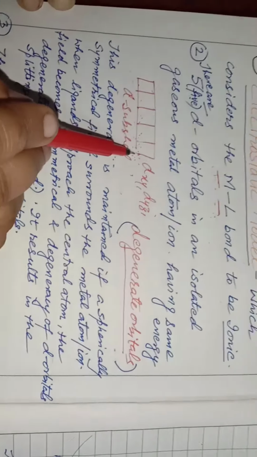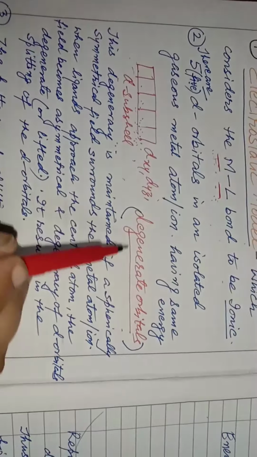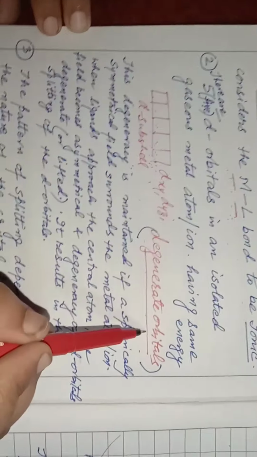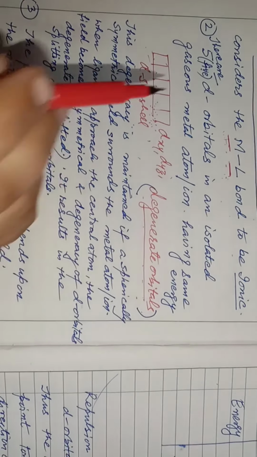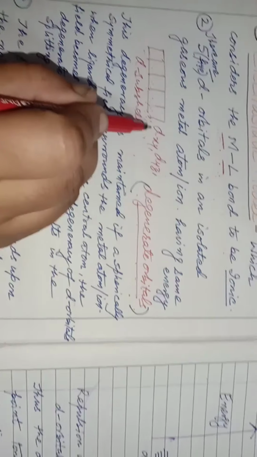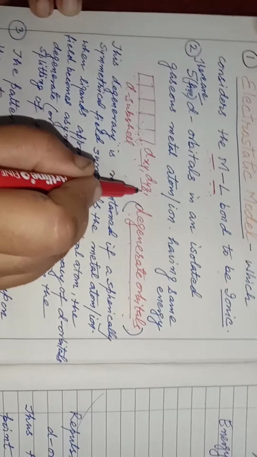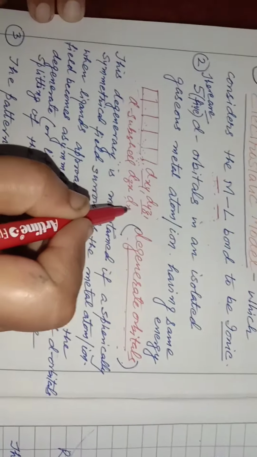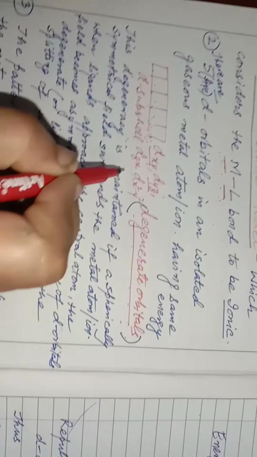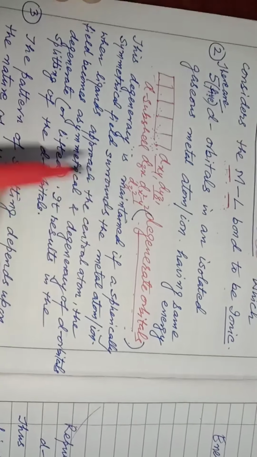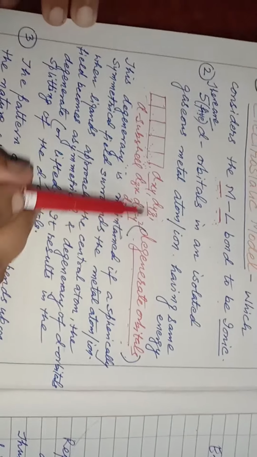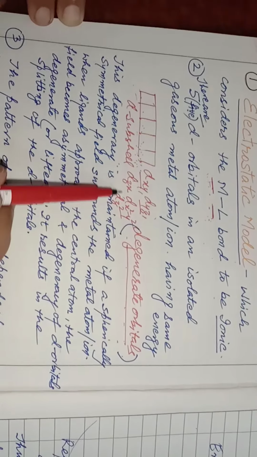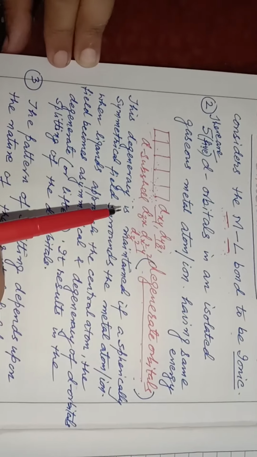Such type of orbitals having the same energy are known as degenerate orbitals. The names of these orbitals are dxy, dyz, dzx, dx square minus y square and dz square. So these are 5 degenerate orbitals of d subshell.